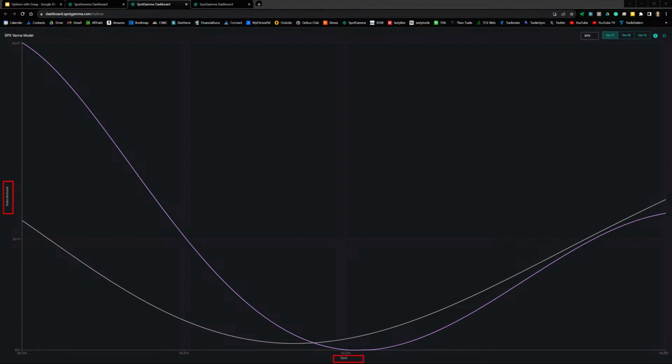There are two curves on this chart. The first curve shows how market makers' delta notional changes with changes in price only. And then the purple curve adds implied volatility to the equation. That's showing how market makers' delta notional changes with changes in price and implied volatility. And that change in delta with the change in implied volatility is the Vanna effect. Vanna is a second order Greek.